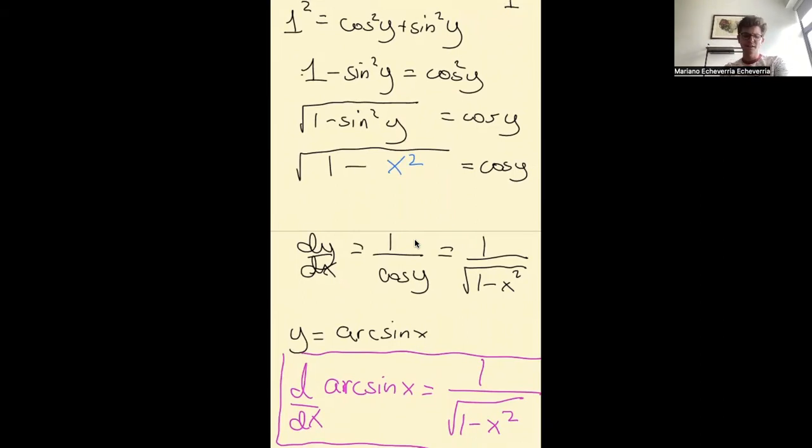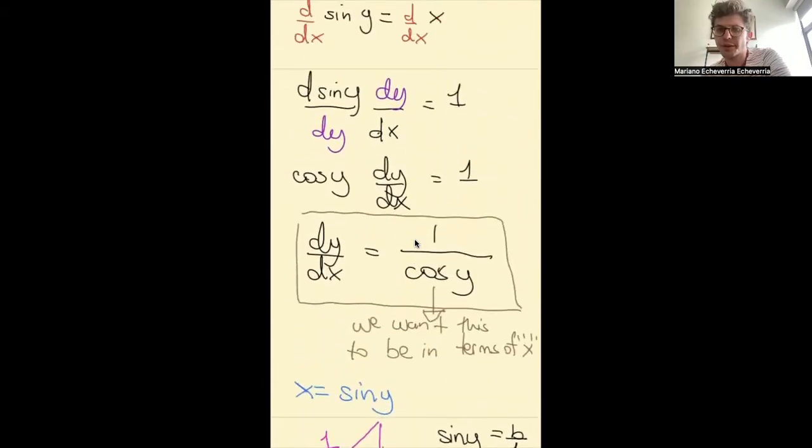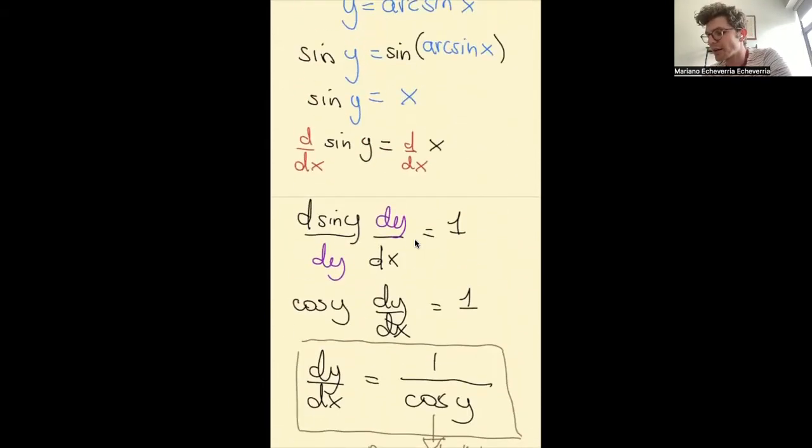Now, in practice, for something like the derivative of arc sine of x, I'm not necessarily expecting you to memorize it. It's not that I want you to memorize this formula. It would be more along the lines of, I could ask you to find the derivative, or show that the derivative is that formula, and then you reproduce these steps.